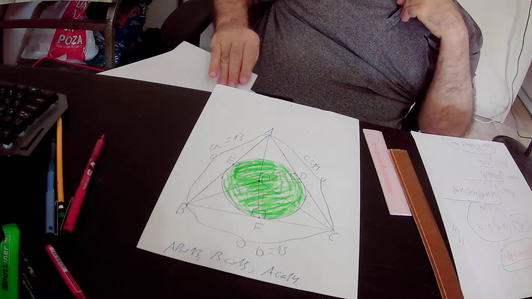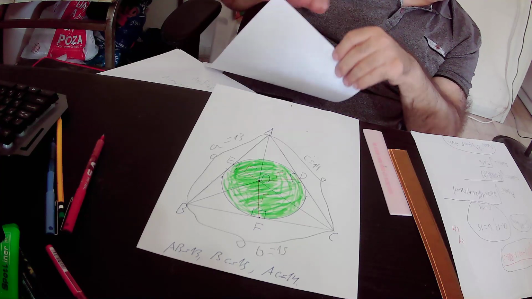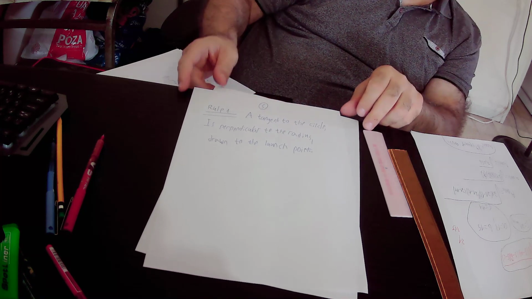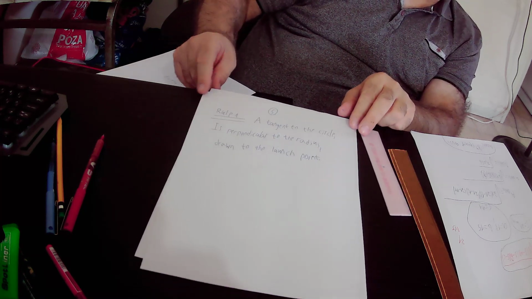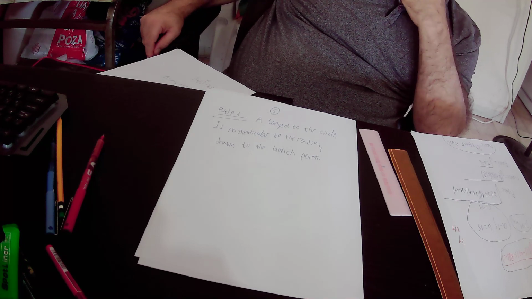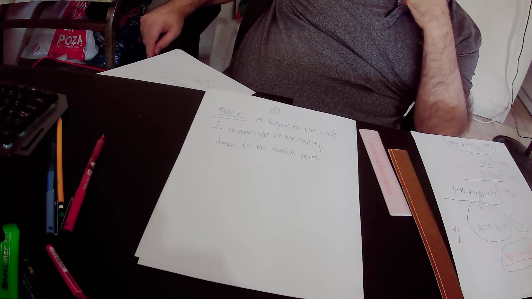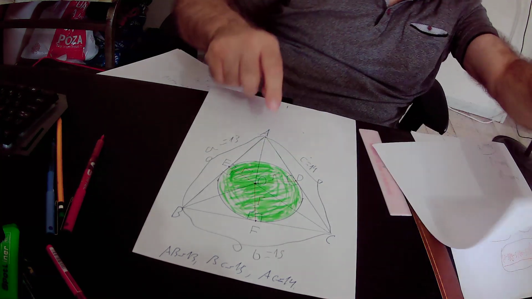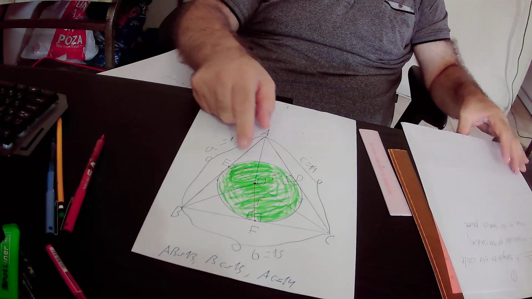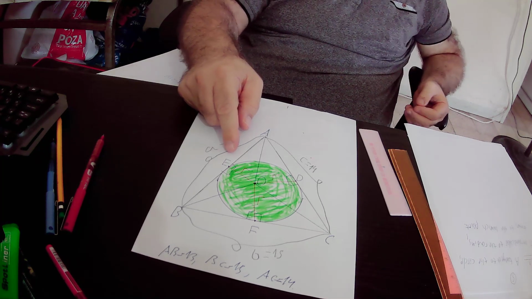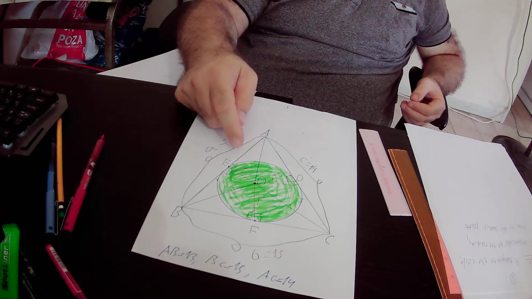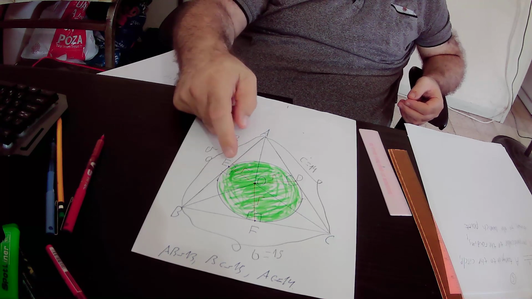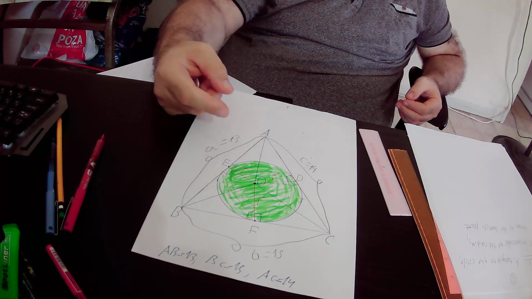And we have rule number 1, that states that a tangent to the circle is perpendicular to the radius drawn to the point of tangency. So this radius is drawn to the point of tangency, point E. Therefore, according to rule number 1, this is a right angle because the radius is perpendicular to its tangent AB.